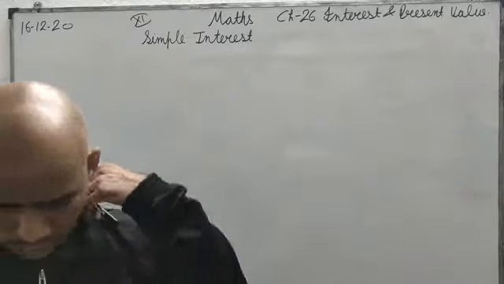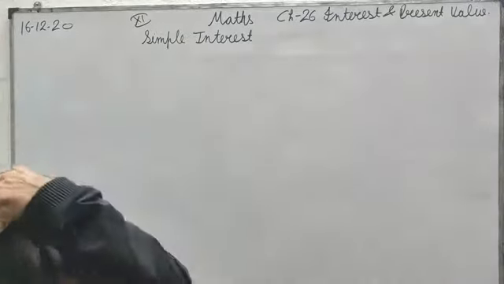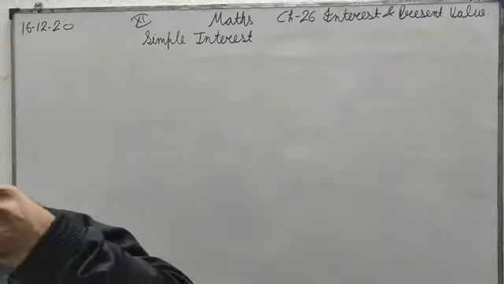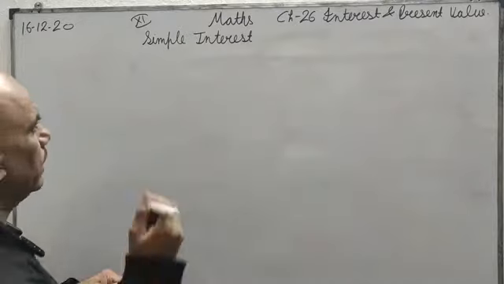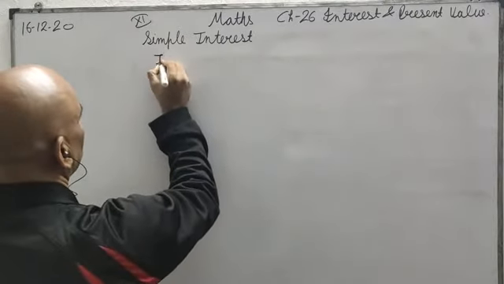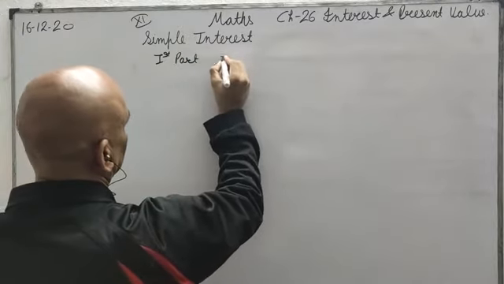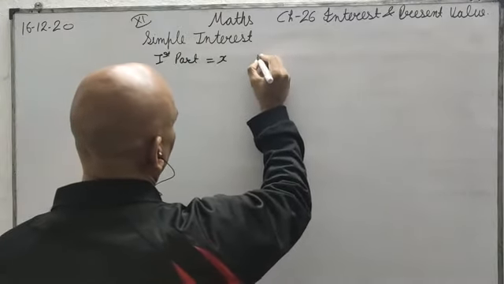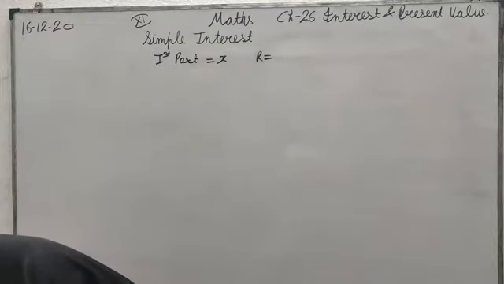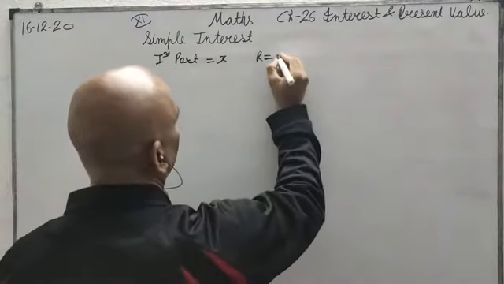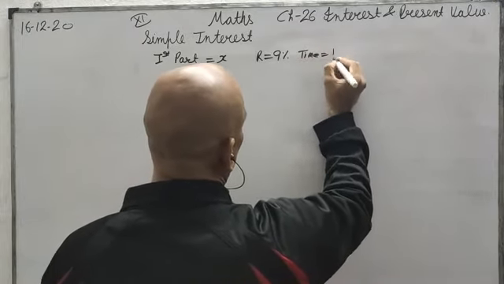So what he is saying is that 43,500 is to be distributed among two parts. Let's say the first part is X. The rate for this first part is 9%, time is 1 year.